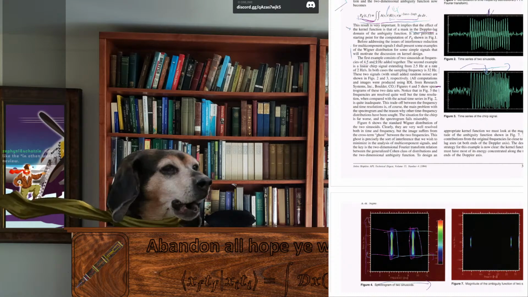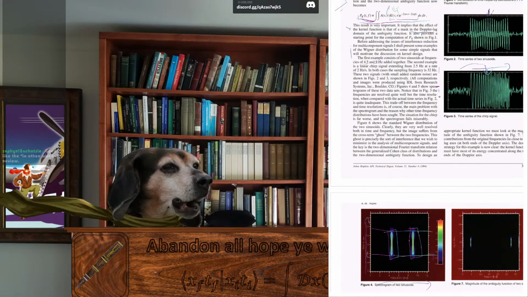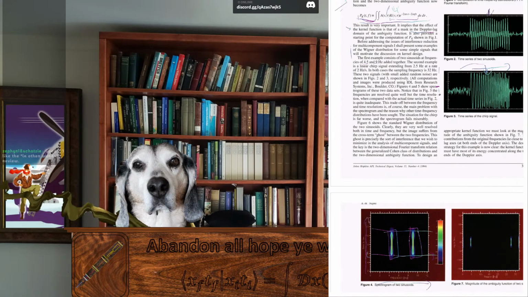Note that in figure 3, the time series, the frequencies are resolved quite well, but the time resolution when compared to the actual time series in figure 2 is quite inadequate.